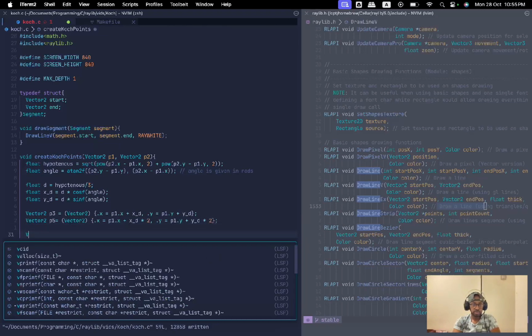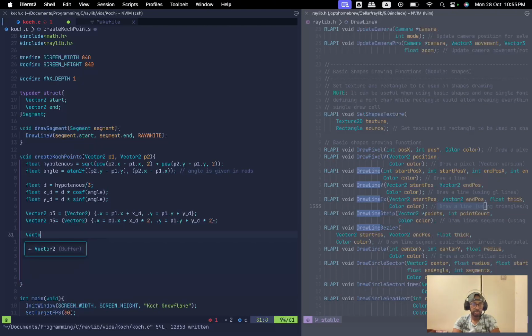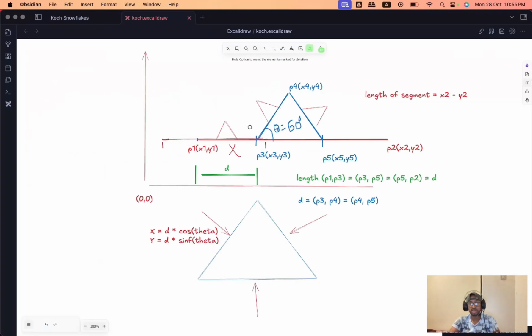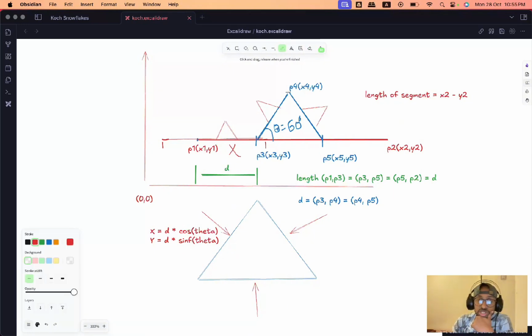Now, this is the bit tricky part: to find vector P4, because vector P4 requires some kind of rotation. Again, what we need to consider is that the length from point P3 to P4 is D, but now it is rotated by 60 degrees.